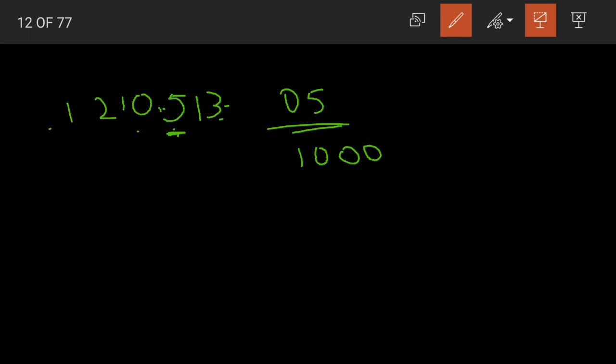Children, we do not care about the number of places to the left of the decimal point. We only care about the number of decimal places. Here we have 3 decimal places, so 3 zeros. If it has 2, it has 2 zeros.